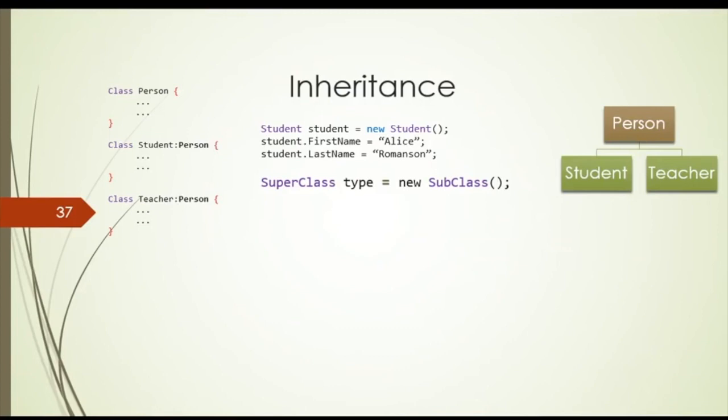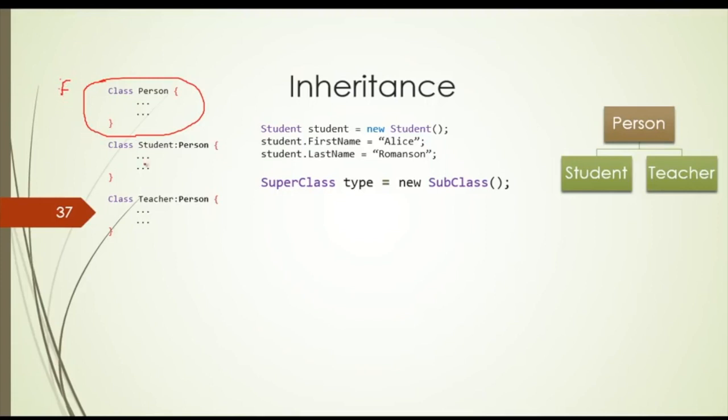You can create your superclass, parent class, or base class from your subclass or child class. If you think about it, the superclass, the person, has some properties, let's say first name.